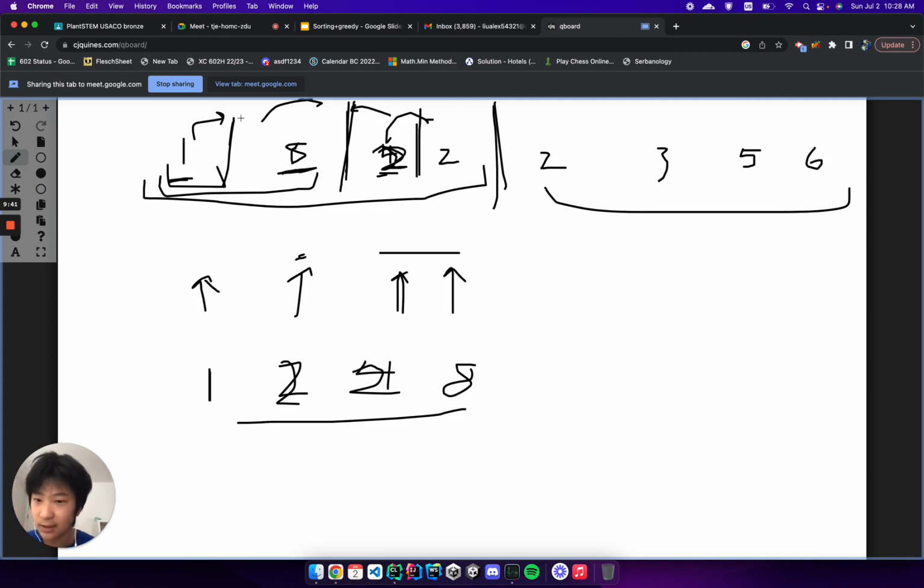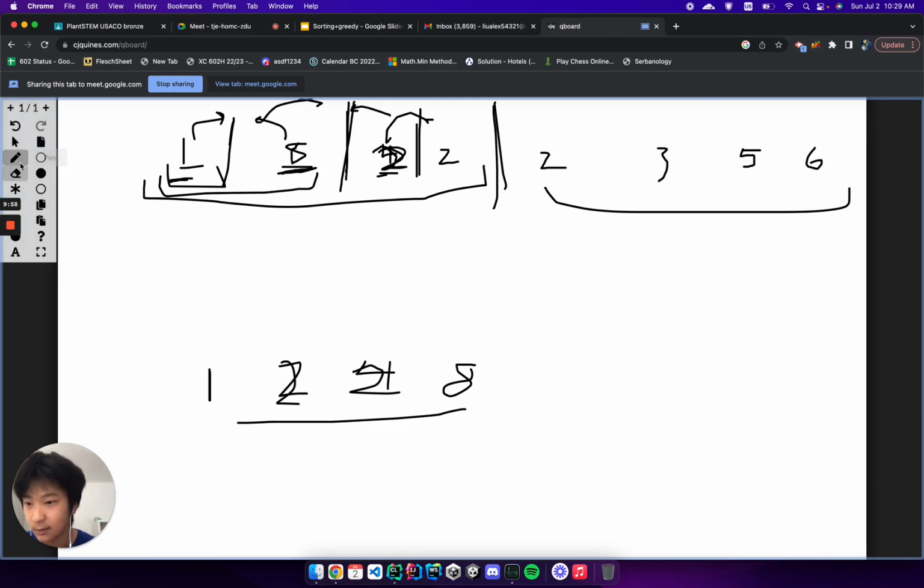And so once you return this back up, we also look at the right child, right? The right child's also going to return something. So we have 2, so now we have 1 and 8. And so we basically merge them. And how do we merge them? Well, we merge them by having indices pointing at certain values. So initially, when we have 1, 8 and 2, 2, 2, then we have one index for the left one and one index for the right one.